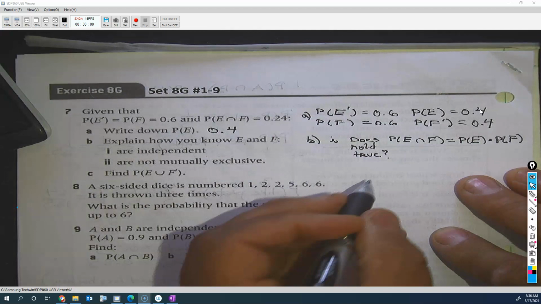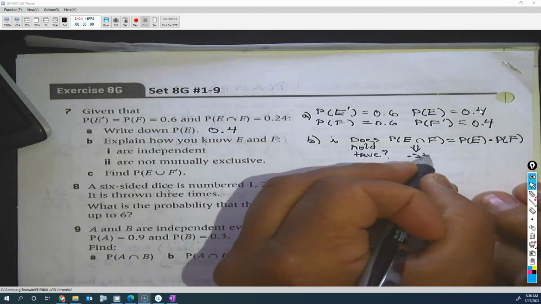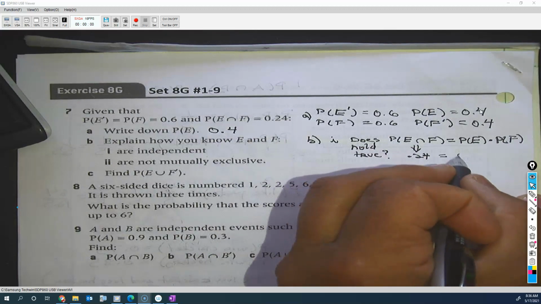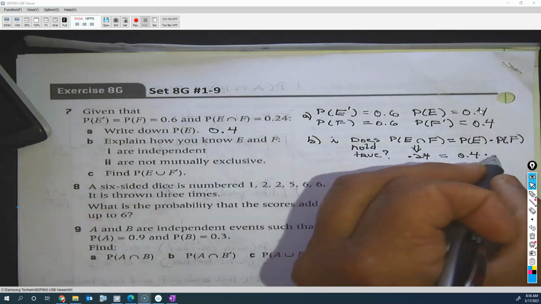Okay, so when you plug in the numbers, 0.24, and P of E was 0.4, and P of F was 0.6.